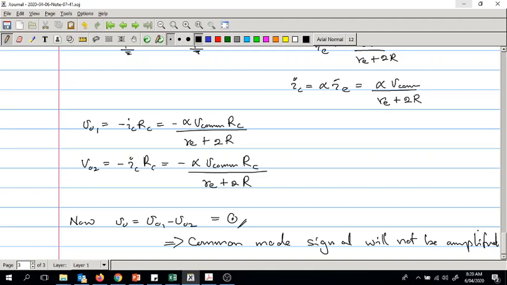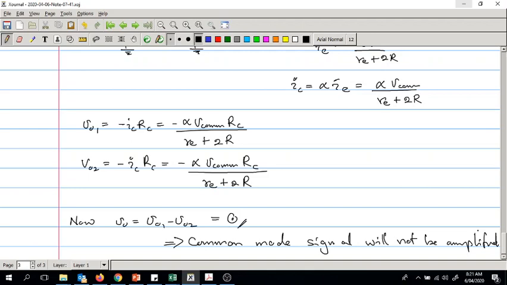The differential amplifier does not amplify the common mode signal, meaning that noise will not be amplified. Which is very good for filtering purposes, filtering out the noise. Any additional noise that is imposed in the signal, common mode signal or common mode noise, will not be amplified, meaning that it will be suppressed by this amplifier.